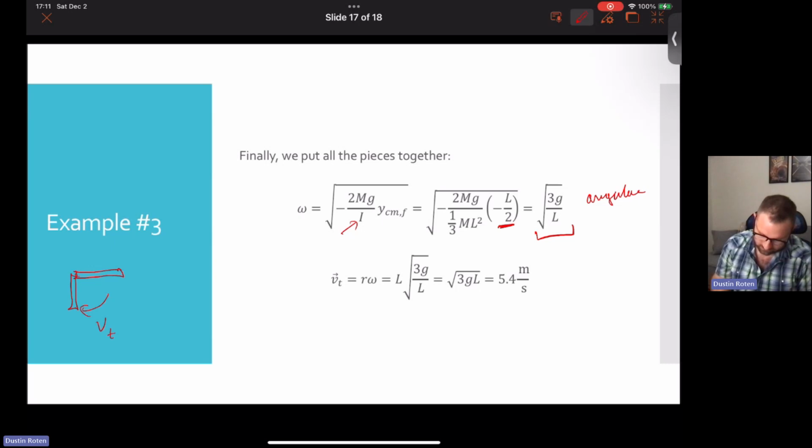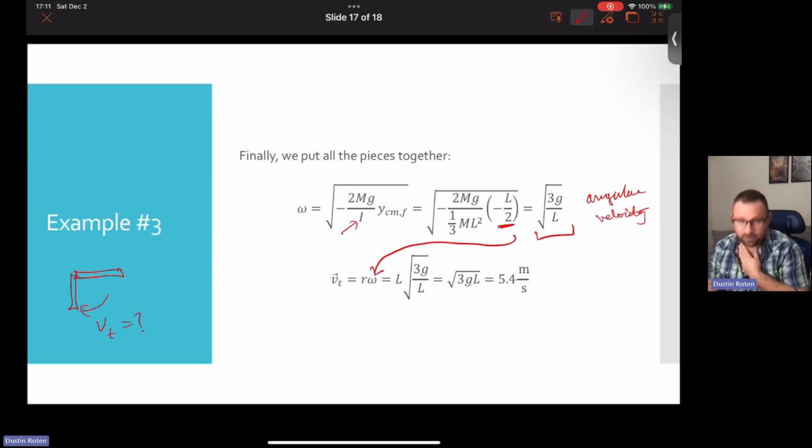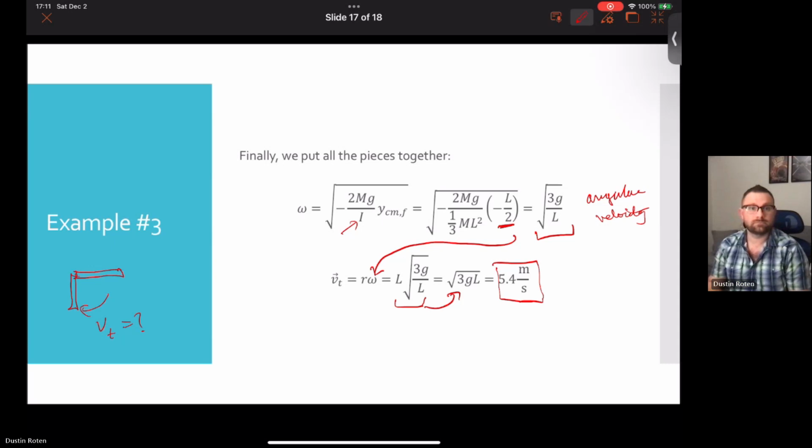What's that final tangential velocity? So we can take this angular velocity that we found, and all we have to do is multiply by r, and that's going to give us that tangential velocity. So r in this case is just L because that's the tip. It's the whole length of the rod. And that's going to simplify to just the square root of 3gL. And it turns out that's going to be a final tip velocity of about 5.4 meters per second.